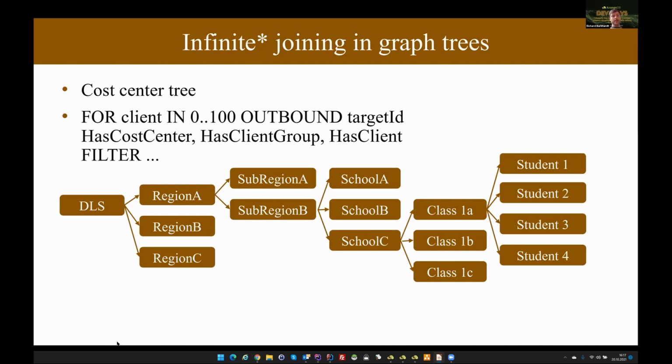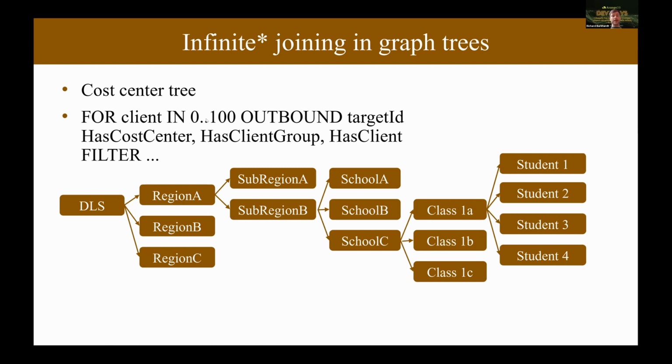And the thing is, it's not really infinite. That's why I put the asterisk. You have to decide what the max is. In this case, if you look at the AQL part, we have 0 to 100 maximum edges. And I will show you what it looks like when we execute that code.